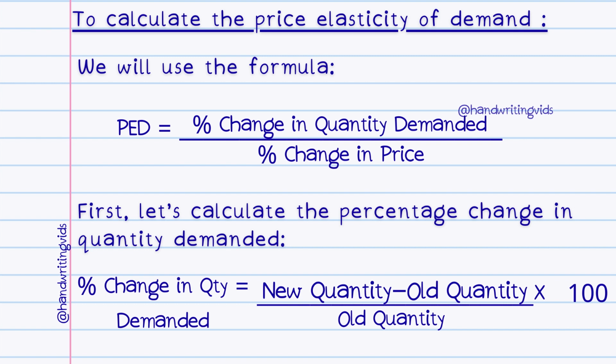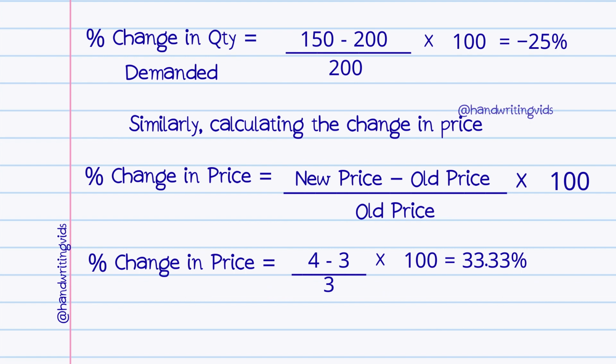First, we have to calculate the percentage change in quantity demanded. This can be done by the formula: new quantity minus the old quantity, whole divided by the old quantity, into 100. Substituting all the values from the problem in the formula, we get the percentage change in quantity demanded as minus 25%.